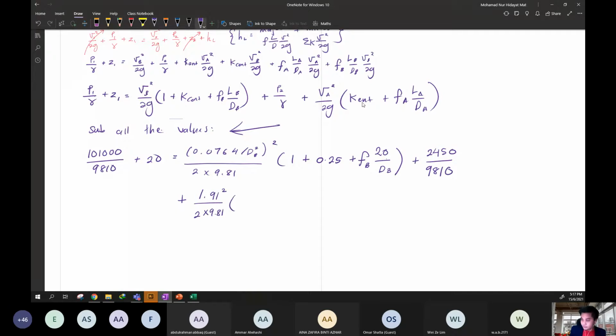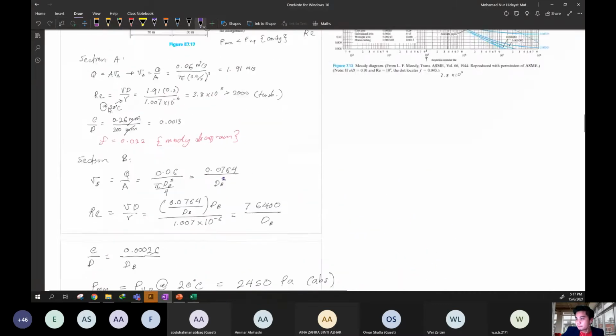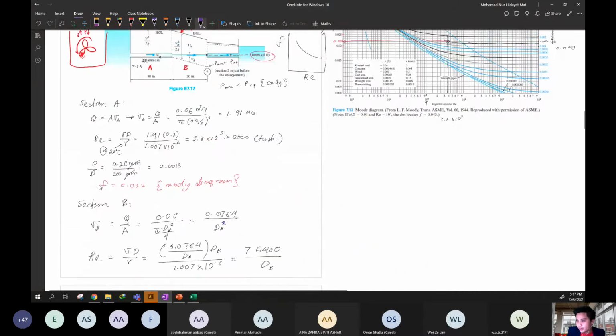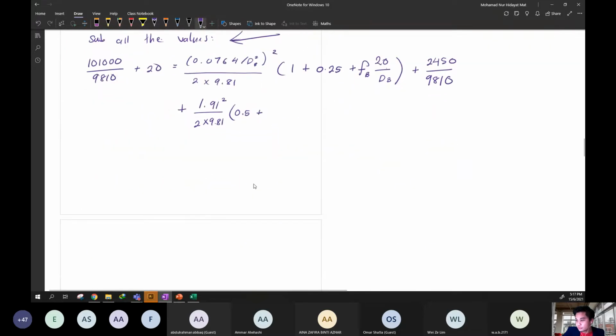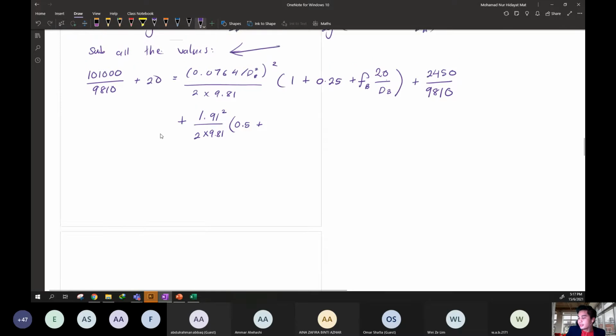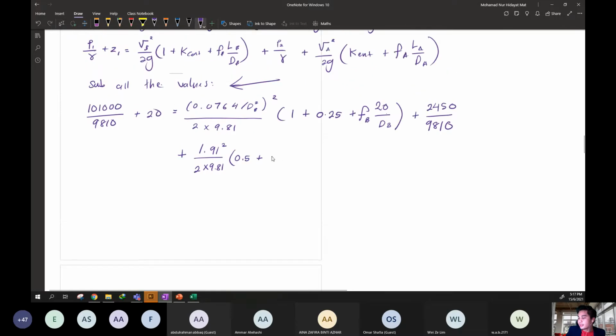And K entrance, which is 0.5, plus FA. FA we found already, which is 0.022, times LA, 30 meter, over the diameter at region A, 0.2. Okay, you solve this one.